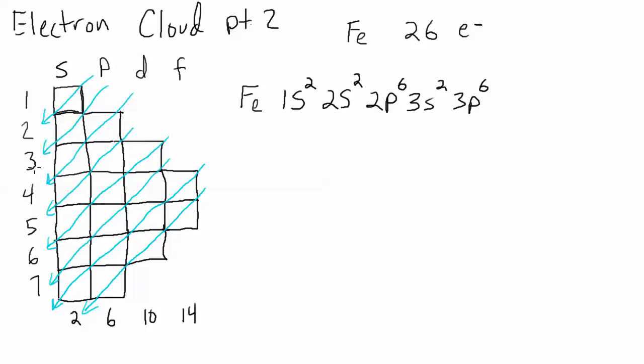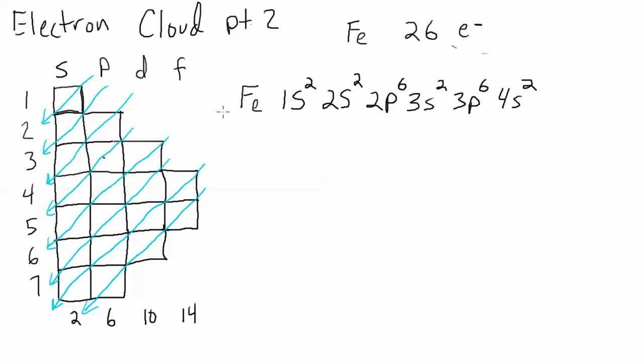So after 3p, which is right here, if we follow our arrow, the next one is 4s. And all the s sublevels can hold 2 electrons, so it's 4s2.